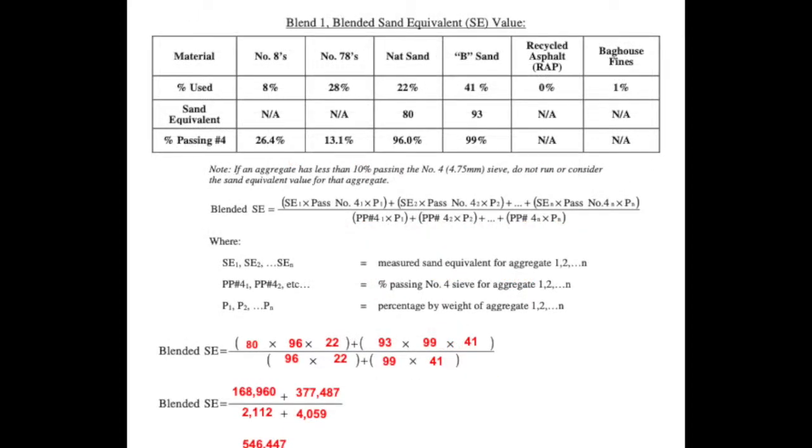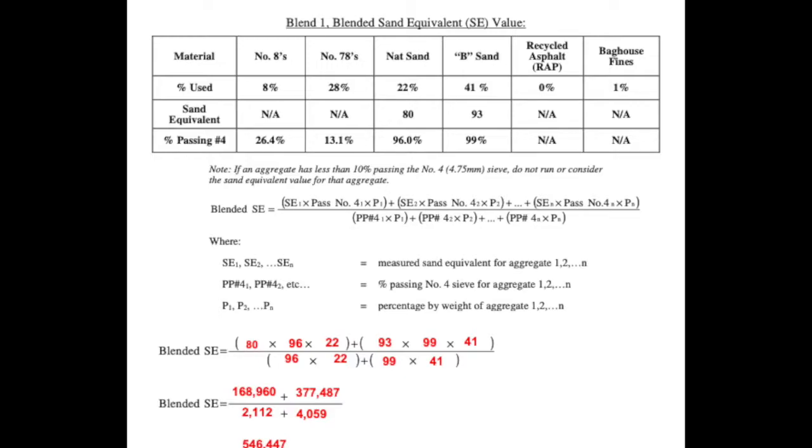So let's move on to our sand equivalent values that we achieved in our individual testing of our natural sand and our B sand. Let's look at the equation there underneath the table to get familiar with the equation, which is similar to the coarse aggregate angularity. SE1 represents the measured sand equivalency value that we performed on each product.